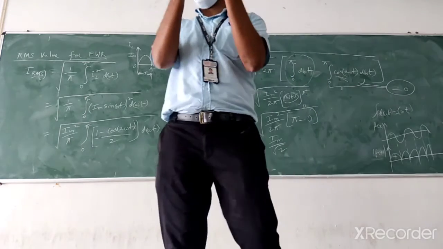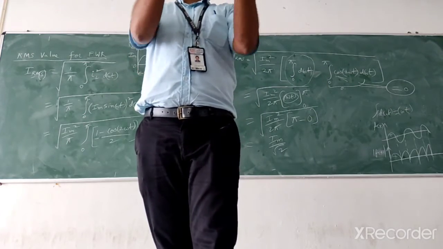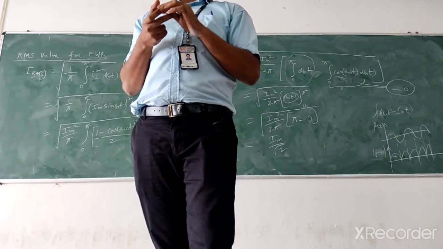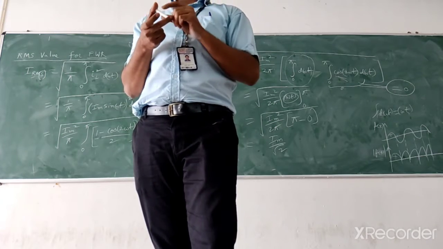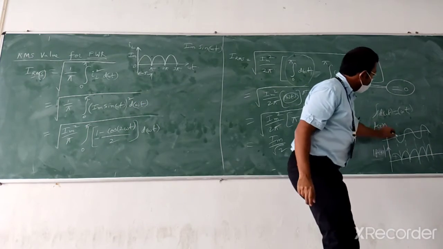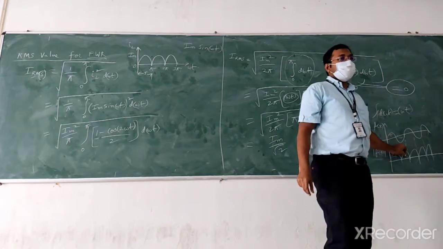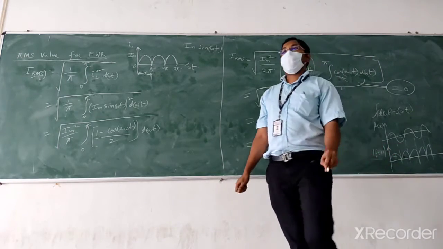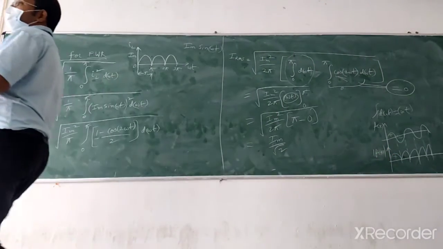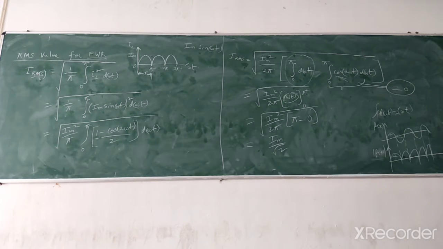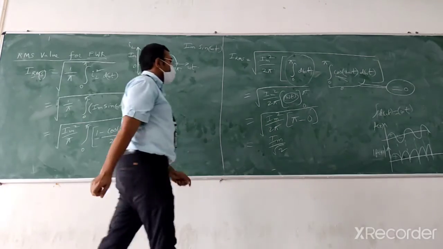Mod minus 5 is 5, so negative you simply take positive. So actually the mathematical operation your rectifier is performing is the mod operation. Clear? Okay, fine.